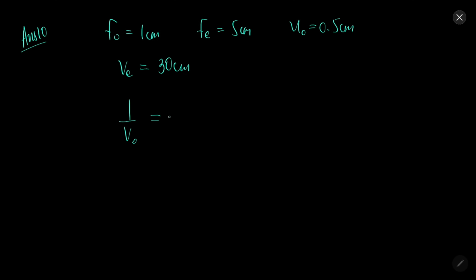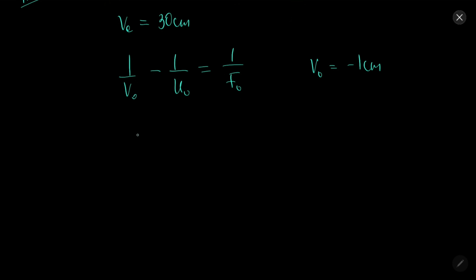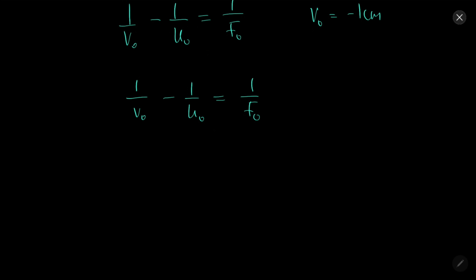1 by VO minus 1 by UO equal to 1 by FO. So VO will come out to be minus 1 centimeter. Now for the eyepiece, UE will come out to be minus 6 centimeter.